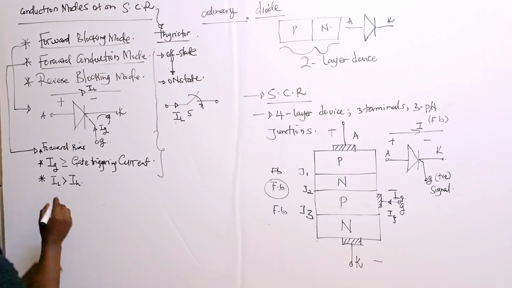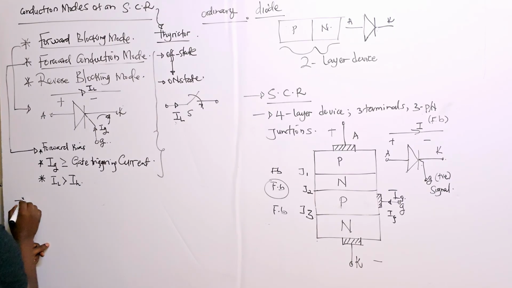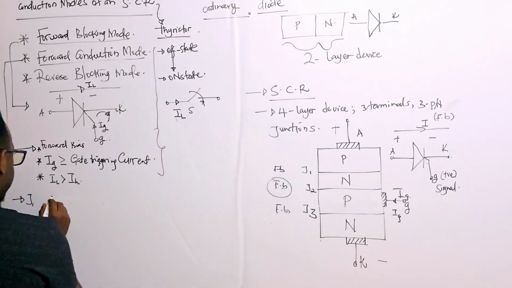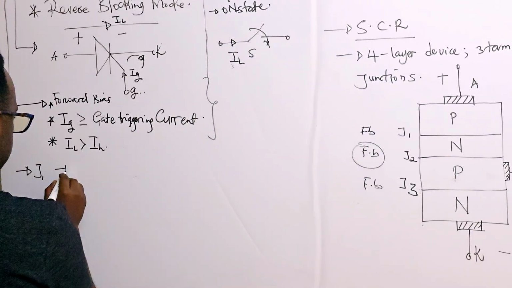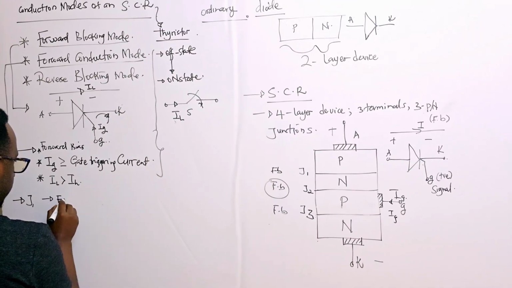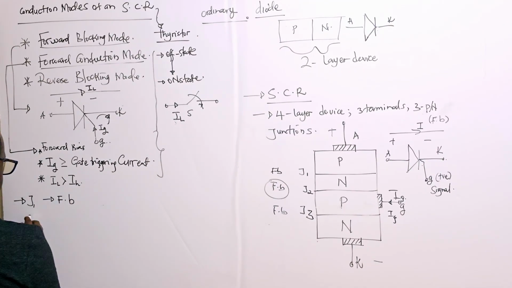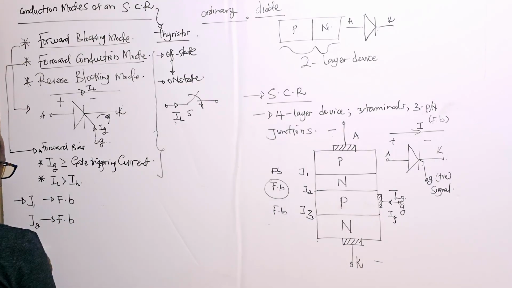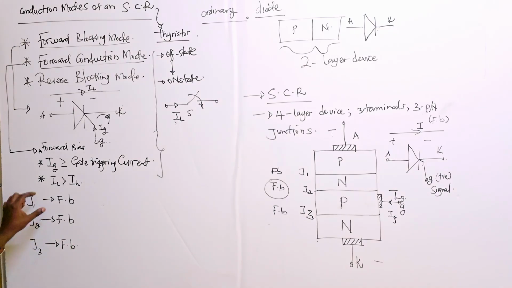We just have to forward bias. So in this case, junction 1, J1, is forward biased. J2 is now also forward biased. We have J3. It's no different. It's also forward biased. We have these conditions happening.